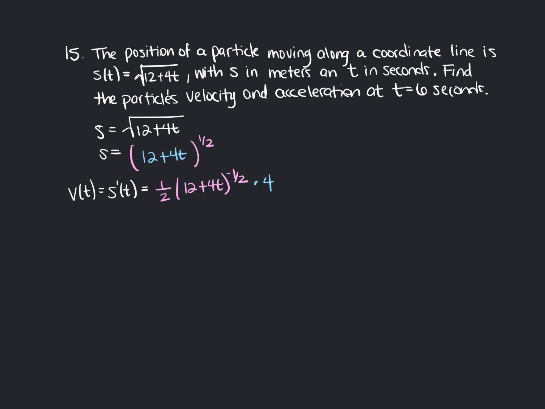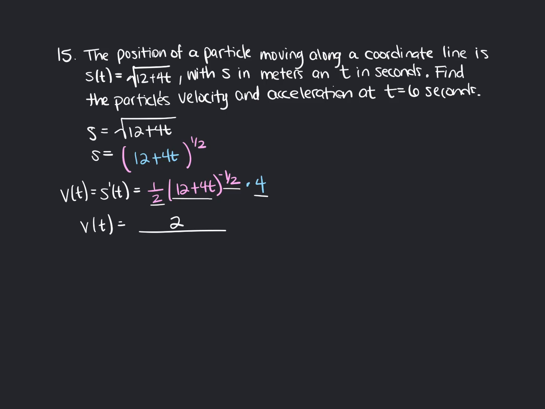So cleaning this up, my velocity is equal to 1/2 times 4 is 2 over 12 plus 4t to the negative 1/2, which is the square root of 12 plus 4t in the denominator.